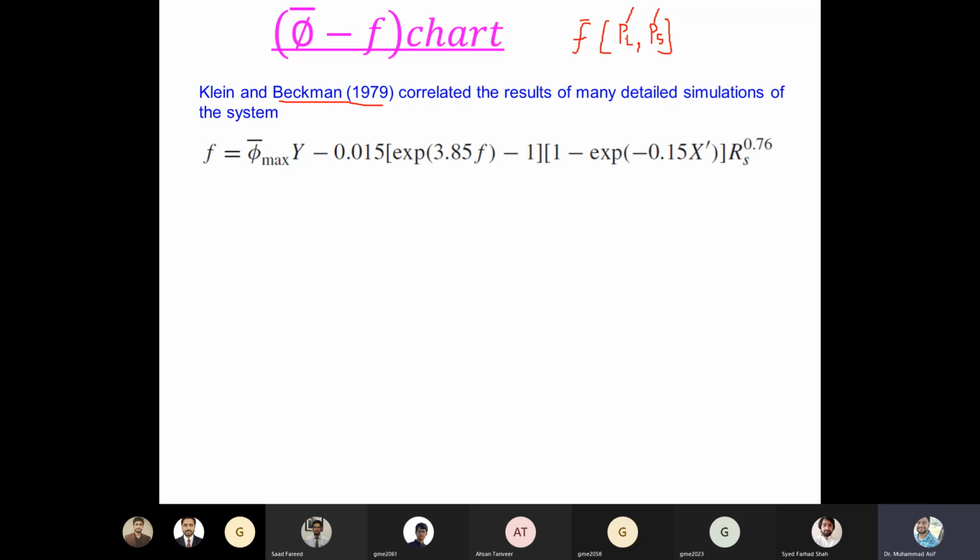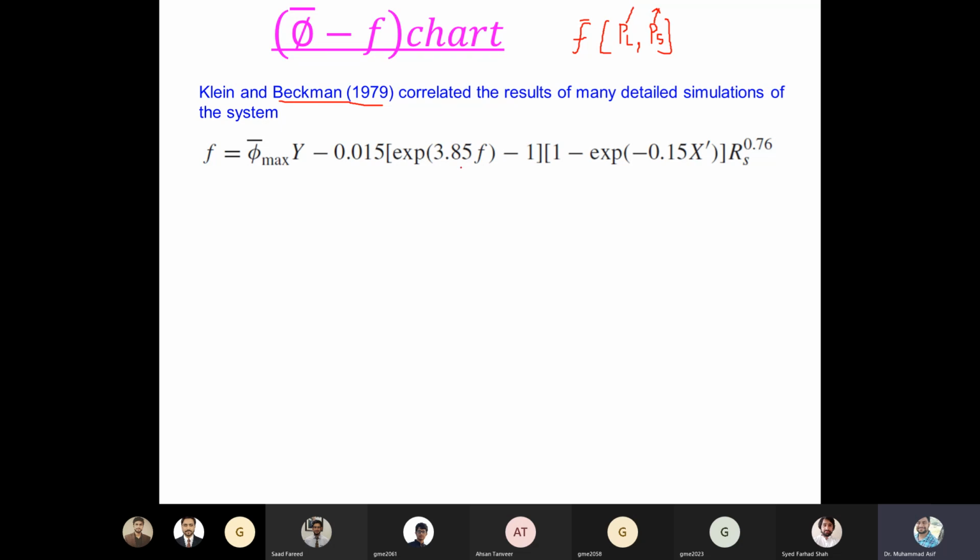PL was the representation of how much energy is lost, and similarly PS was the representation of how much energy is absorbed. These two parameters were a function of many parameters, including the solar collector characteristics, and even the ambient temperature and weather data.